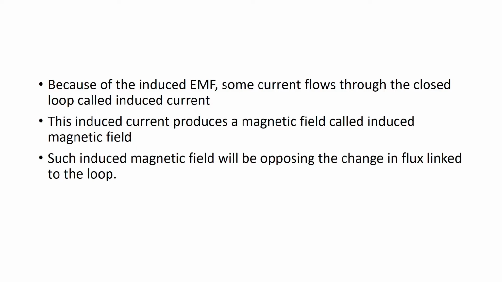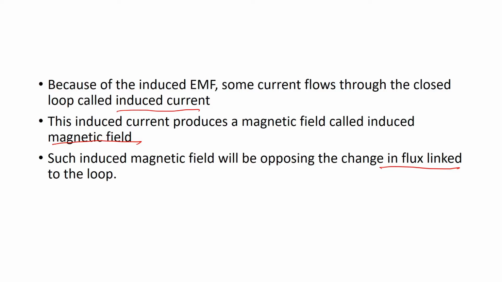That is, if the rate of change in flux linkage is more, it results in high EMF, and therefore high induced current. Because the strength of the current is high, the induced magnetic field is high, and it opposes the change in flux linked.